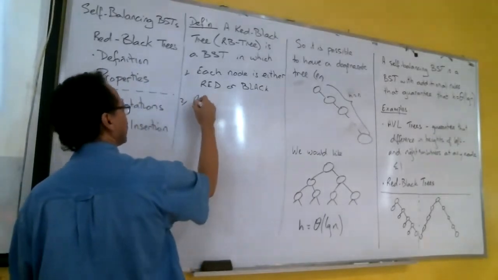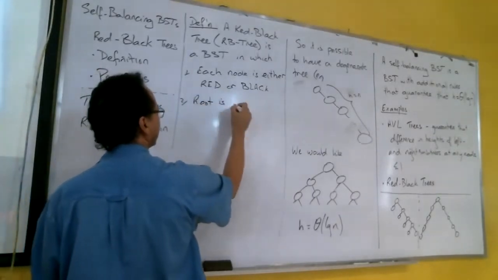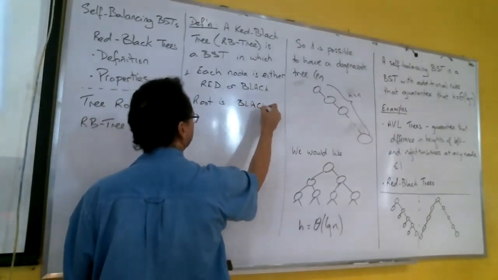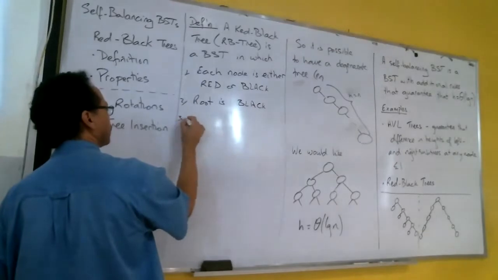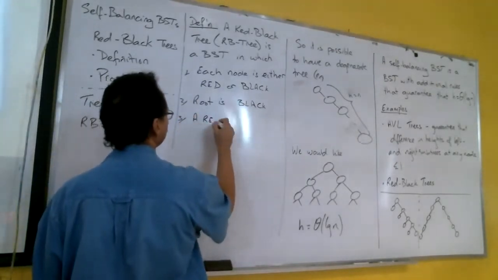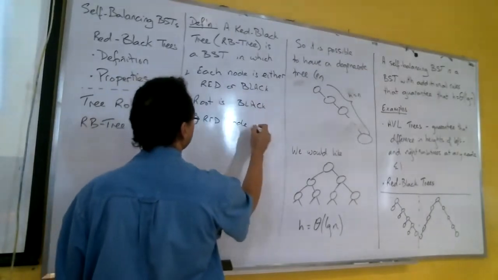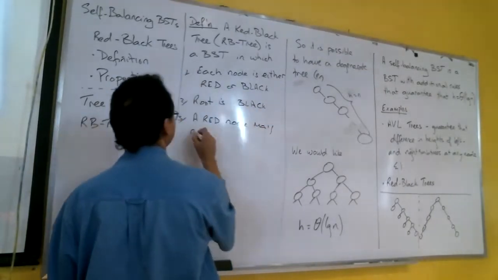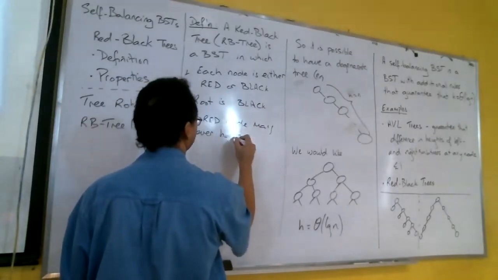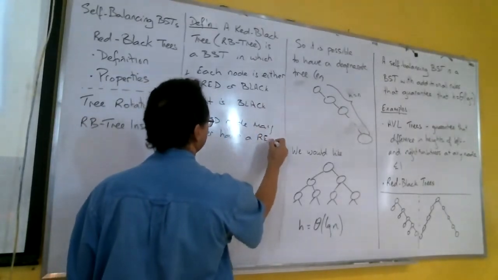Second, the root is always black. The third one is a red node may never have a red child.